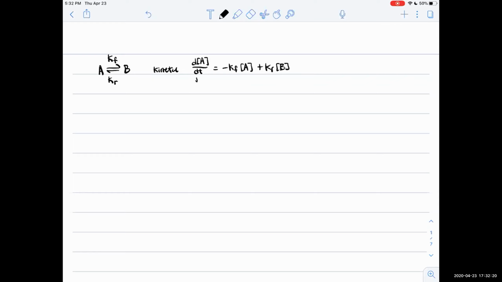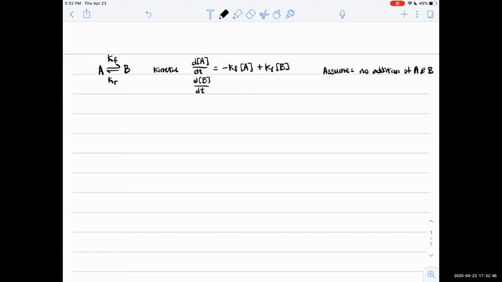We are also interested in the change in concentration of B with respect to time. Here's a subtle assumption that is often neglected but really important: we assume that there's no addition of A and B during the process.